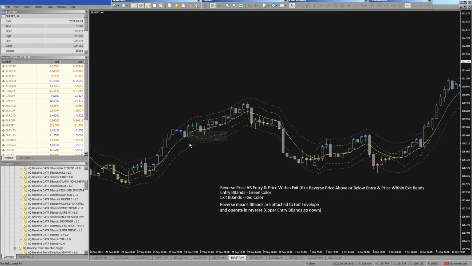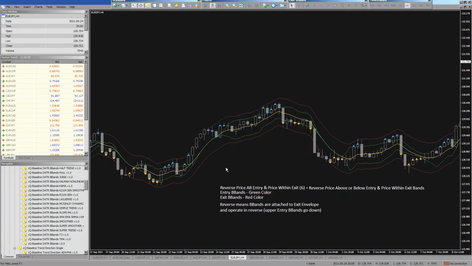And again, they're pushing in, but price has to be within this exit area. Like, see this one, it doesn't get a dot, even though it's above the entry band. It's not within this exit area. So this is one way you could keep it within a certain ATR of the baseline, if that's important.